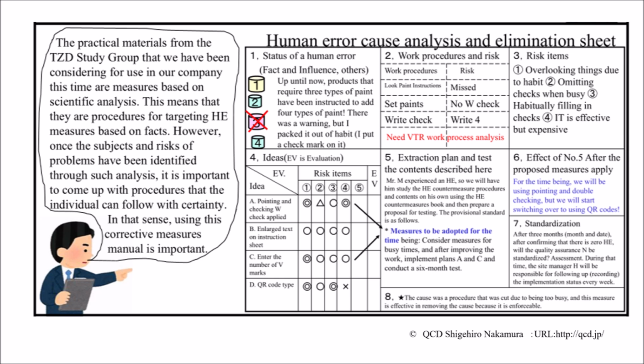Furthermore, after the cause is identified through such analysis, the best method for applying the countermeasures is for the person in charge of the work to decide on the most suitable method for themselves and set a test period. If there are any defects in this type of corrective action document and analysis procedure, the elimination of the cause of human error will not progress, so great care must be taken.